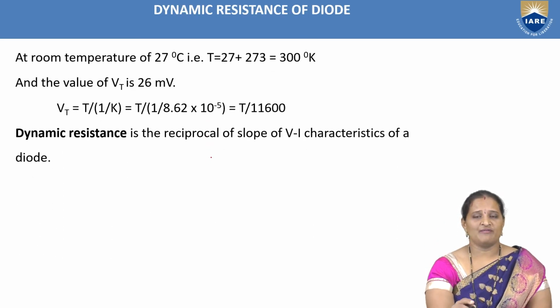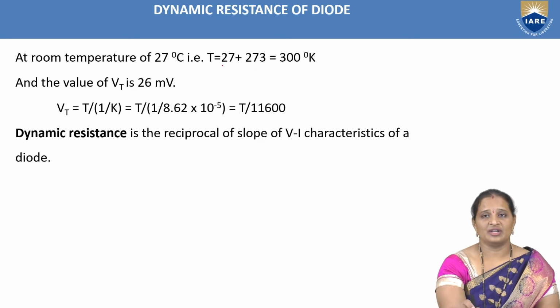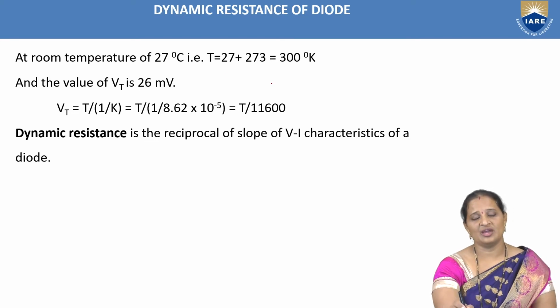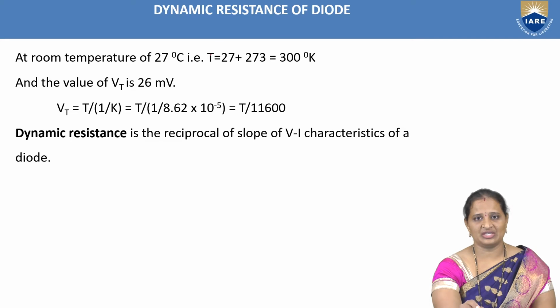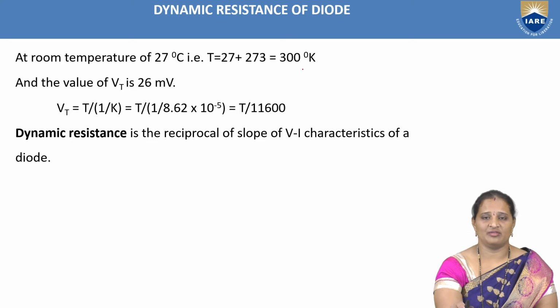The temperature in degree centigrade plus 273 converts the temperature into degree Kelvin. For example, consider room temperature of 27 degrees centigrade. The equivalent room temperature in degree Kelvin is 27 + 273, which is equal to 300 degree Kelvin.